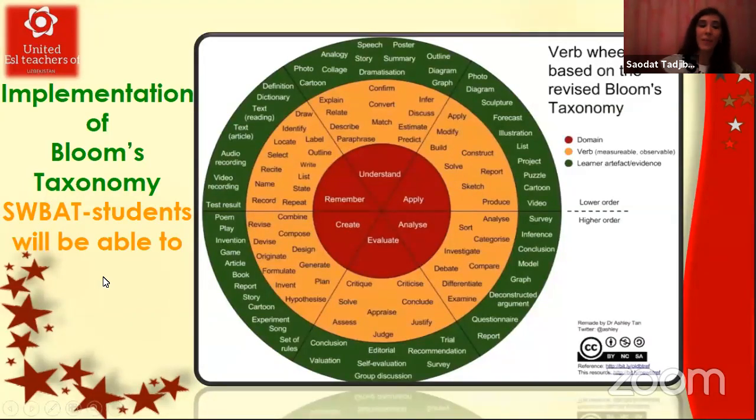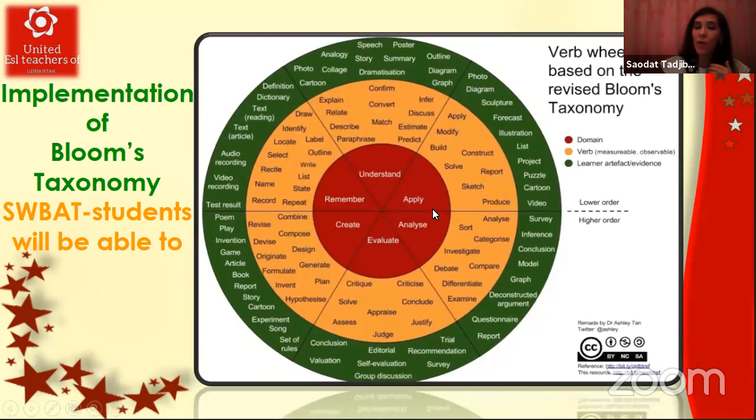For example, you are designing an objective for the lesson about traveling, and you would like your students to illustrate something here, right? So you are using it like this: students will be able to build an illustration related to traveling.